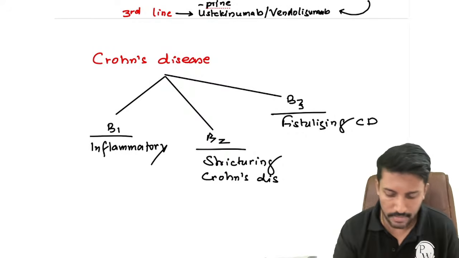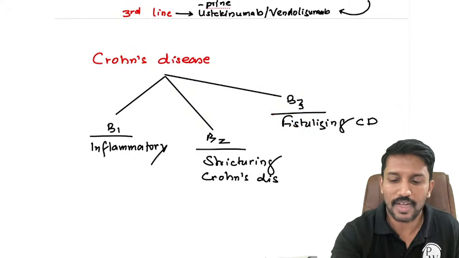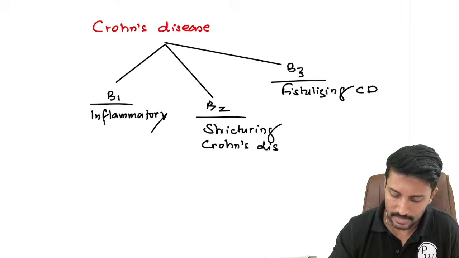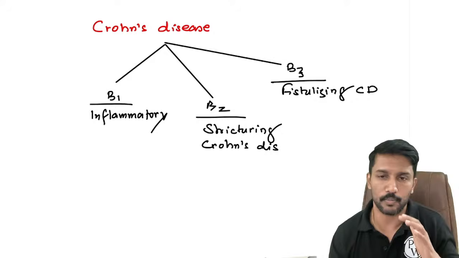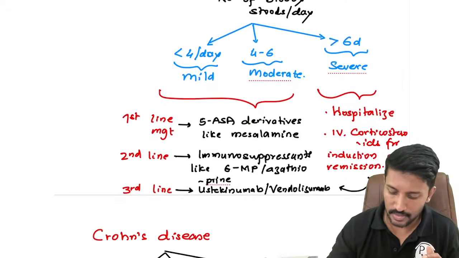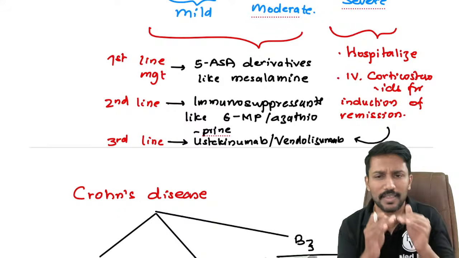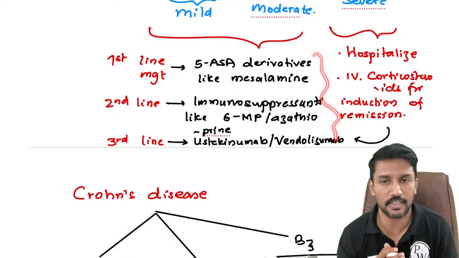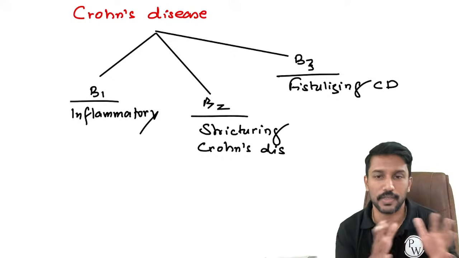So in terms of severity, it is the B3, the fistulizing, which is the most aggressively behaving disease. So what do we do for them? We follow what is called a top-down approach. Means what? Just like in severe ulcerative colitis, we try to first manage the inflammation very aggressively, then step down with the conventional treatment. Here also, fistula formation means very aggressive disease.